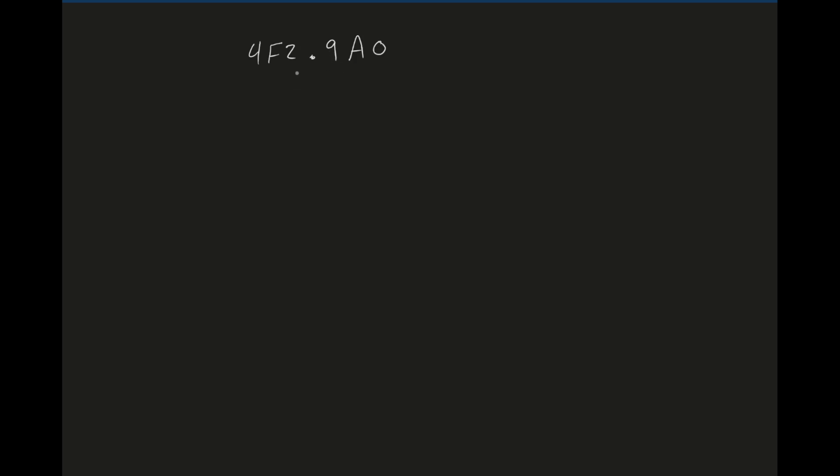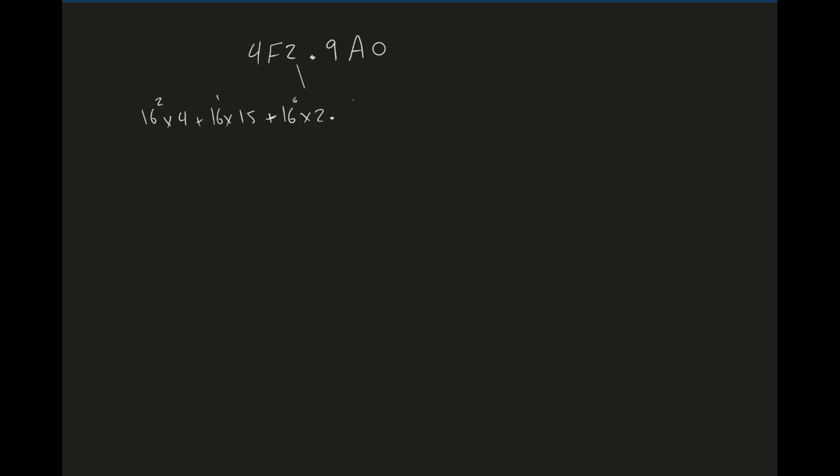Well, you do the same thing. This will be 2 times 16 to the power of 0, plus f, which is 15, times 16 to the power of 1, plus 4 times 16 squared, point.